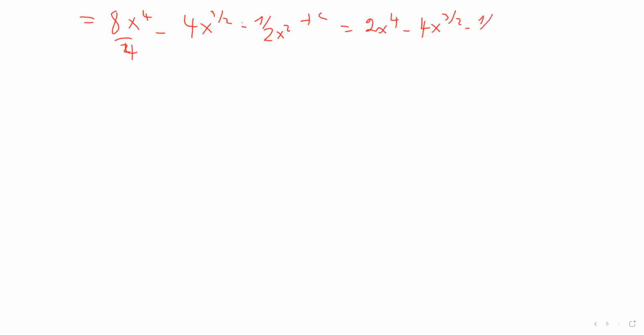And then this will finally become 2x to the power 4 minus 4x to the power 3/2 minus 1 over 2x squared plus c.